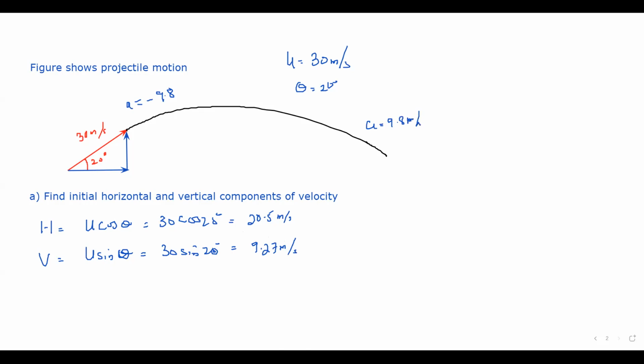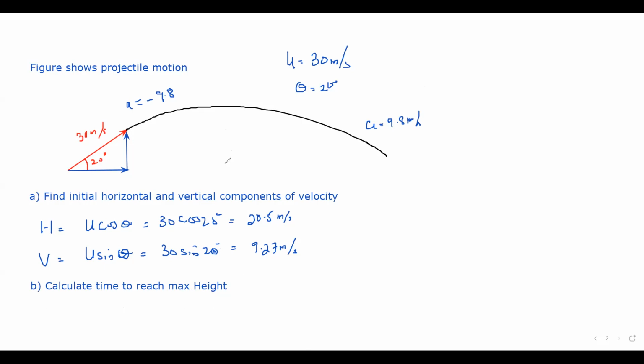Now the second part, calculate the time to reach the maximum height. To calculate the time to reach the maximum height, we know when it reaches the maximum height, its vertical velocity will be zero.